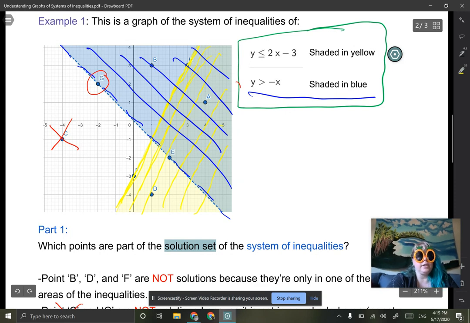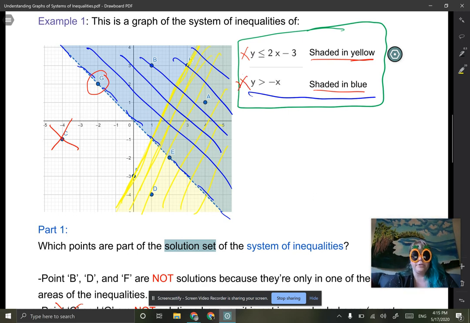G here is right on the dotted line of the blue shaded area. So is it a solution of the yellow inequality? No, it's nowhere in that yellow area, so it's not a solution for that. Is it a solution for the blue inequality, y greater than negative x? It is not because it's on that dotted line.